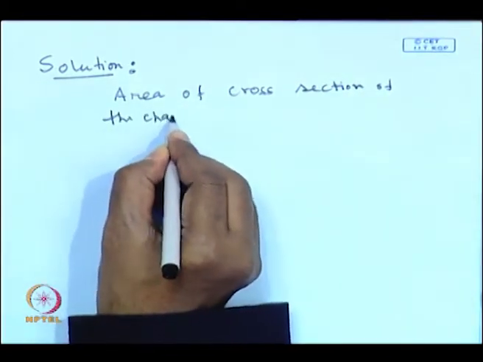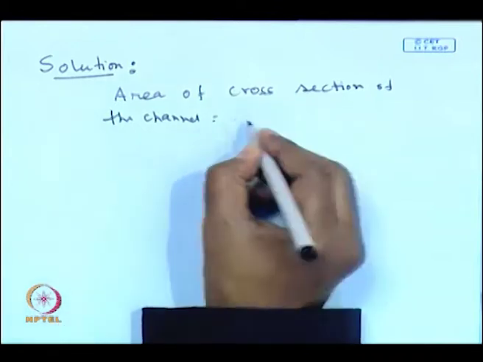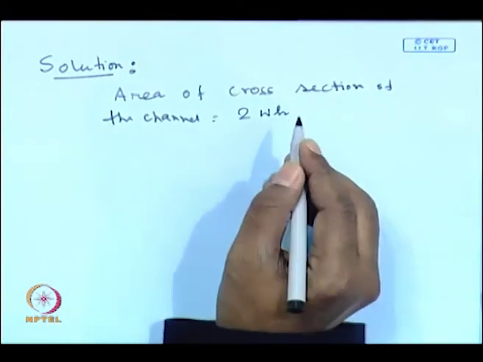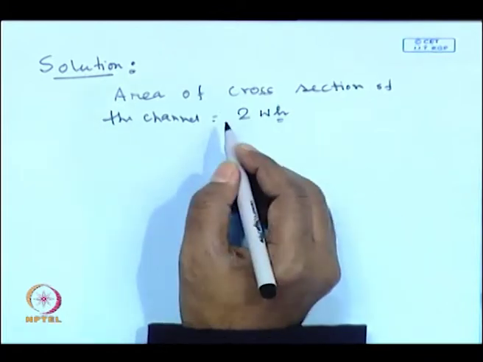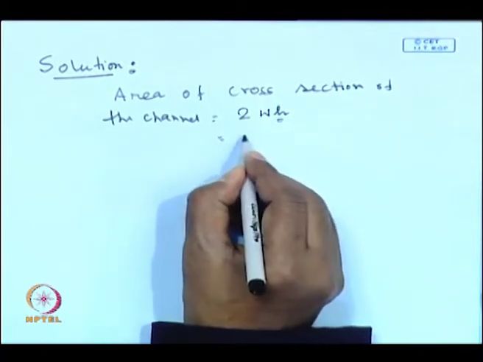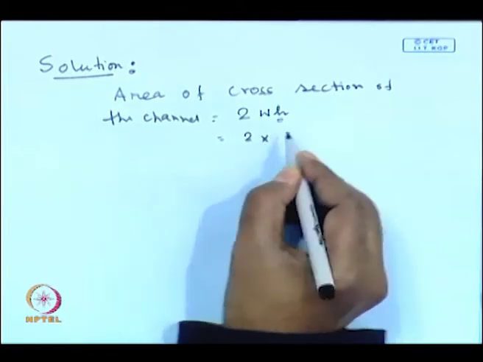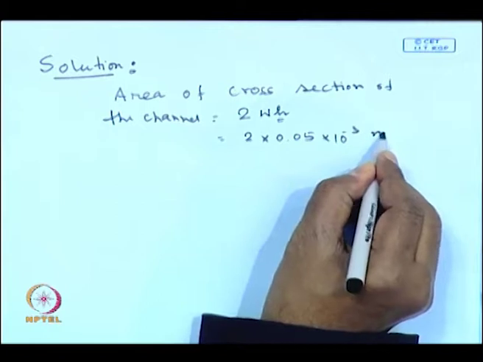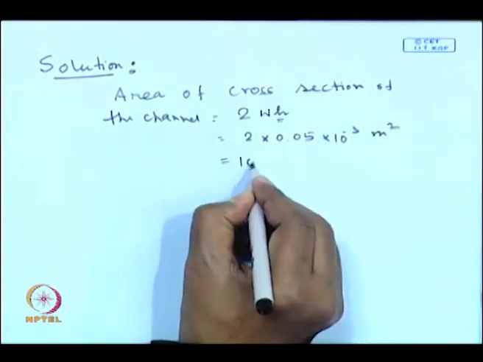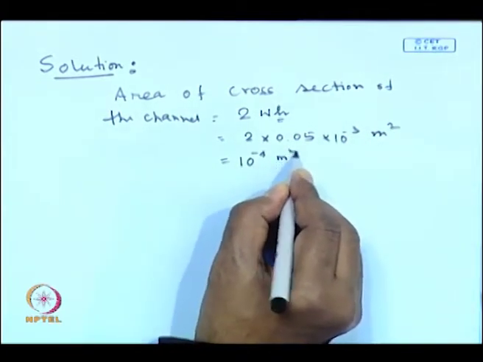The area of cross section is 2wh, where h is the half height. So, 2h is the total height and w is the width, and this turns out to be 2 into 0.05 into 10 to the power minus 3 meter square, which is 10 to the power minus 4 meter square.